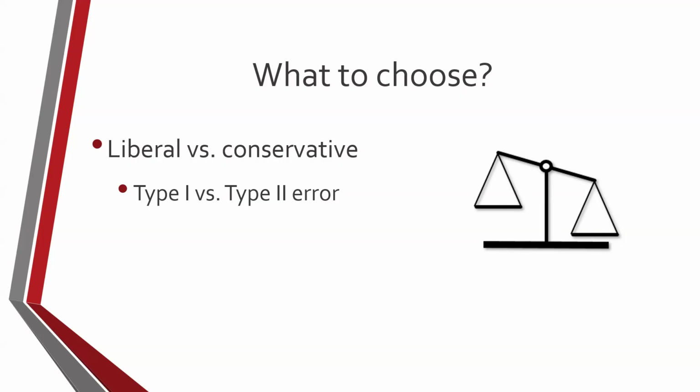Those different tests, you can really classify them by how liberal or how conservative they are. So that really means tests can be more likely to report a false positive, which is called a type 1 error, or more likely to give you a false negative, which is a type 2 error.